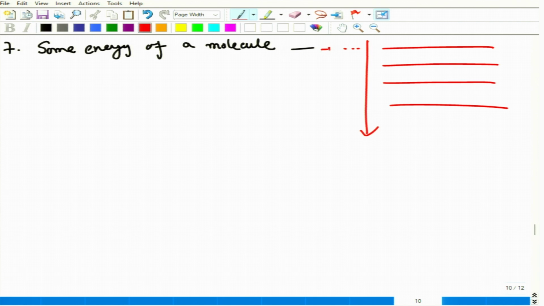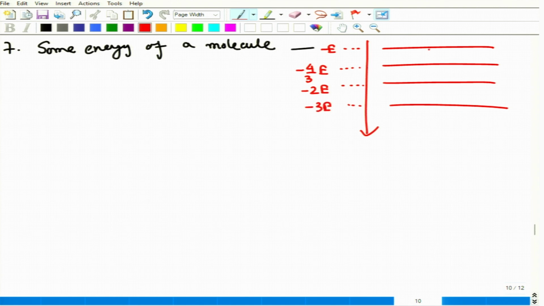This is minus E, this is minus 4 by 3 E, minus 2E, and so on. Not up to the scale, but this is.